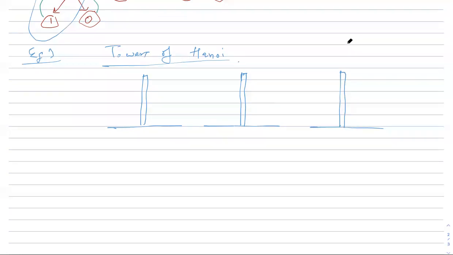There are 3 pegs, and then there are discs of various sizes, so you can think of decreasing sizes. So what is the problem here? Let's say we assign this as peg identifier A, this is peg identifier B, this is peg identifier C.